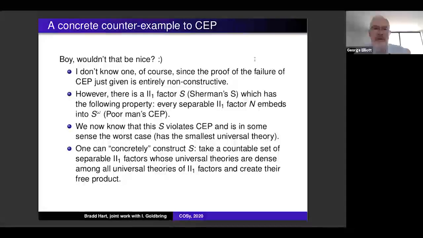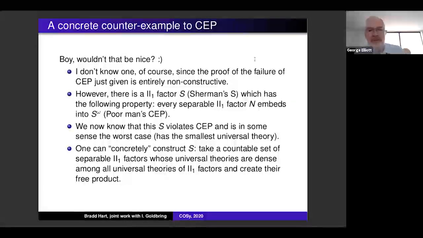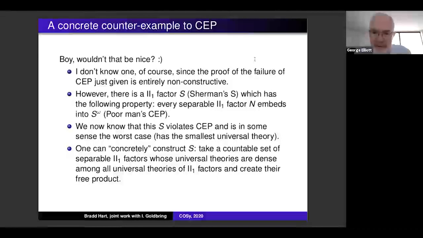Well, okay, so that means it's not obviously unique. It's obviously not unique, but no. What is unique is its universal theory. Yeah, but can one actually produce two S's which one can then prove are non-isomorphic? Yes. Oh, okay, thank you.